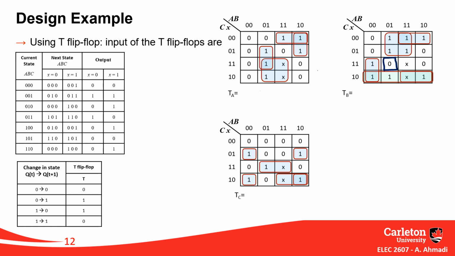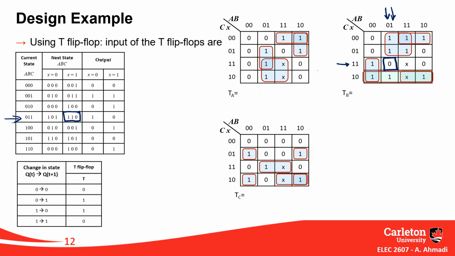I'm double checking myself. In this one, previous state has been 0, A0, B1, C1, X1. So we are talking about 0, 1, 1, 0, 1, 1 here, this row, and X equal to 1, this one, right?